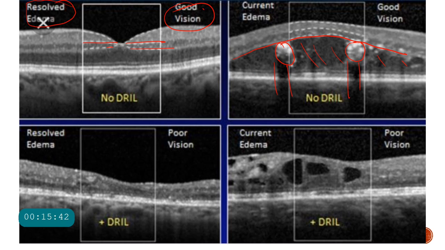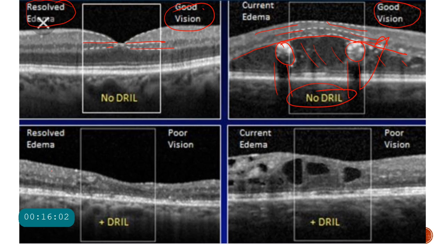But a very important point is that despite having such great central subfield thickening of the retina, despite having all this fluid, the patient is having good vision. Why? Because the inner retinal layers are still showing some demarcation. Okay, so there is no DRIL present, and therefore the patient has good vision.